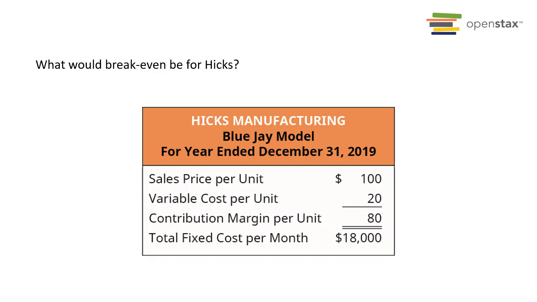And we know from the information that Hicks has given us that they have $18,000 in fixed costs per month. Now, this could be their rent, it can be their salaries, it's whatever it is for this particular business, but we need to then figure out how many bird baths Hicks needs to sell in order to cover that $18,000 a month fixed cost.